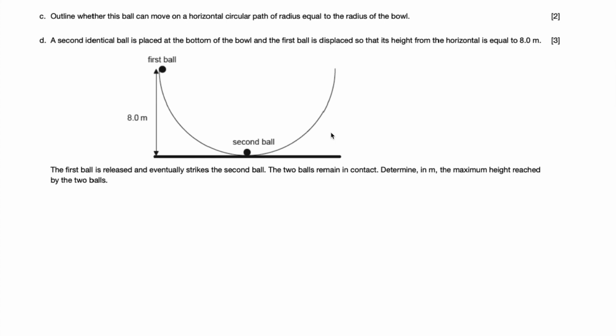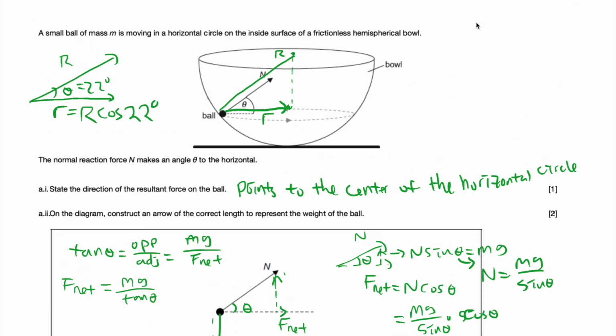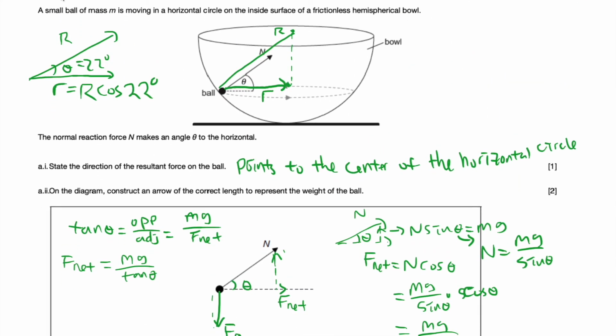Outline whether this ball can move on a horizontal circular path of radius equal to the radius of the bowl. So let's see if this is possible. So if it's moving on a circular path and this radius here is equal to the radius of the bowl, then it must be moving in this direction here. So this is going to be the ball, right?